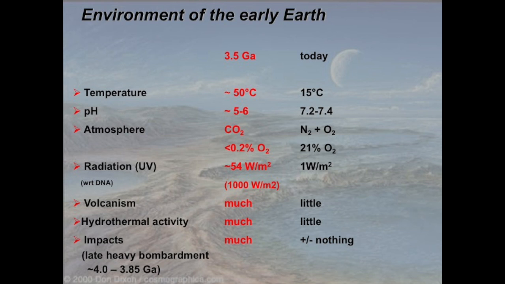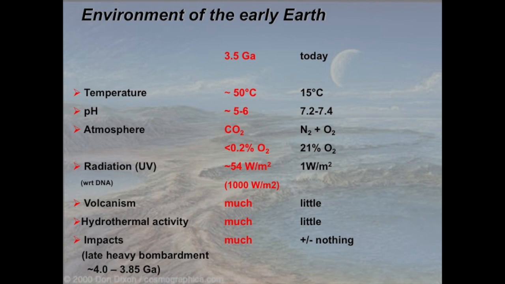And I'm putting 50 degrees for the specific reason that the environments I'm going to show you were so strongly influenced by hydrothermal fluids that at the sediment or rock-water interface where these organisms lived, these are about the temperatures they will have been experiencing, possibly even higher. So compared to today, the water was a lot hotter.